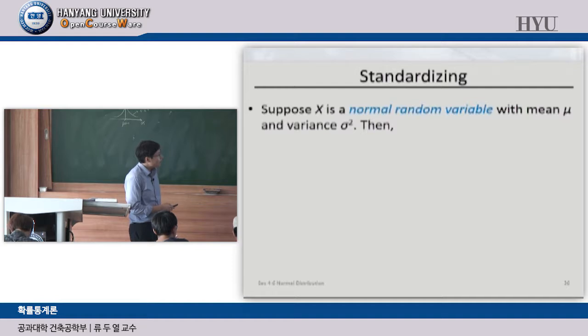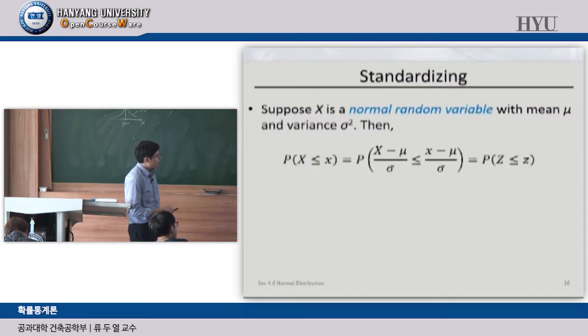Suppose that X is a normal random variable with mean mu and variance sigma squared. Then the probability that X is smaller than or equal to small x is equal to the probability that (X minus mu) over sigma is smaller than or equal to (small x minus mu) over sigma.